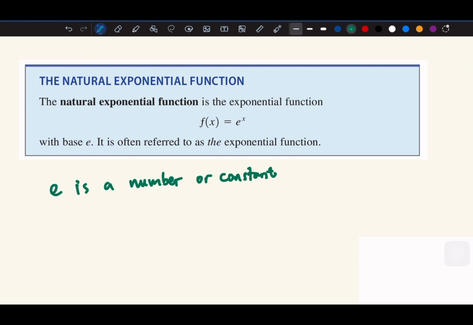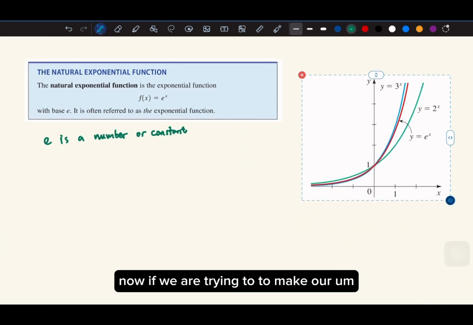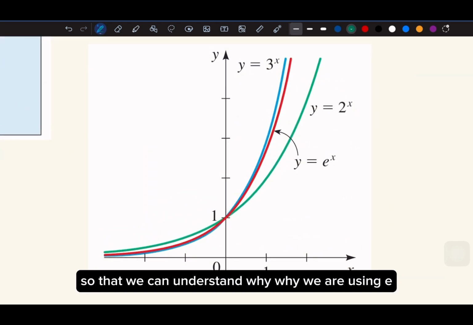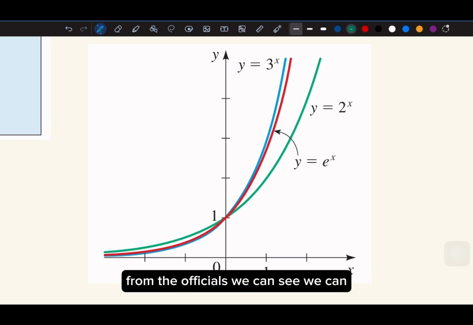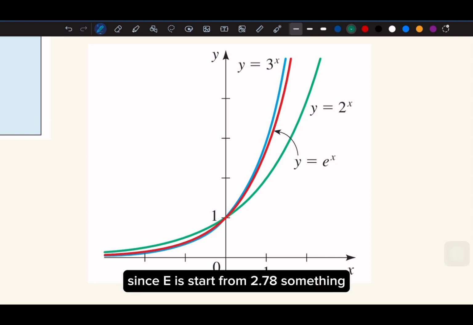Now, so that we can understand why we are using e, maybe from the visuals we can set up the base 2 and the base 3. If we set up e, it is going to be in between 2 and 3, or we could say it is closer to 3 to the power of x, since e starts from 2.78 something, right?